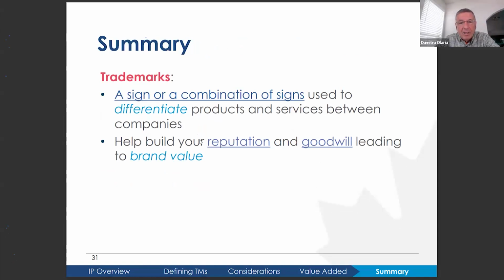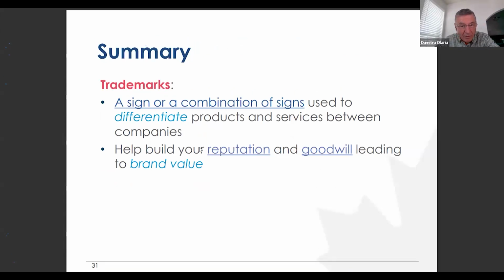So in summary, trademarks are signs or combinations of signs. We've seen traditional trademarks, words, logos, sounds, but you have also non-traditional trademarks. And you may have a combination, depending on your trademark or branding strategy.